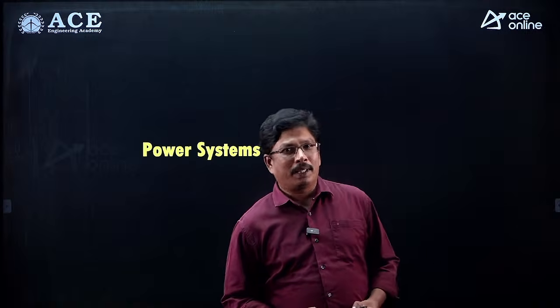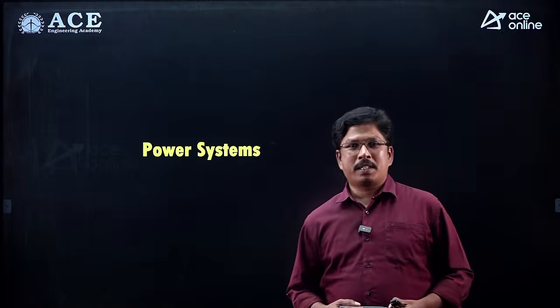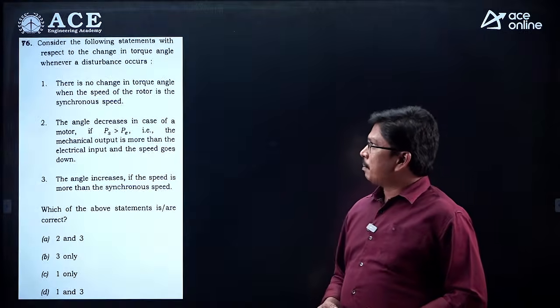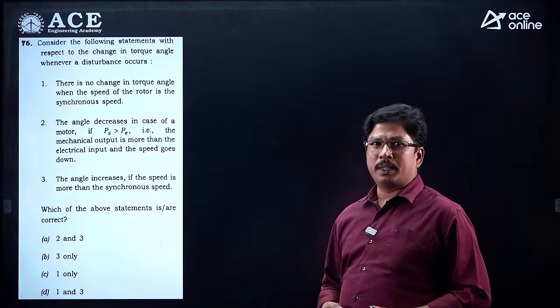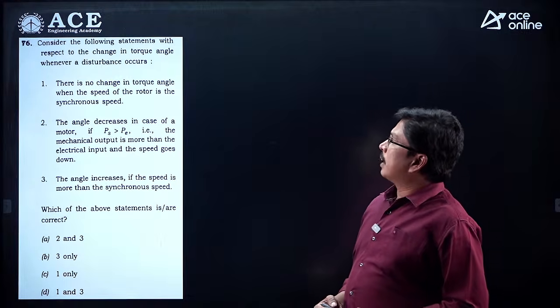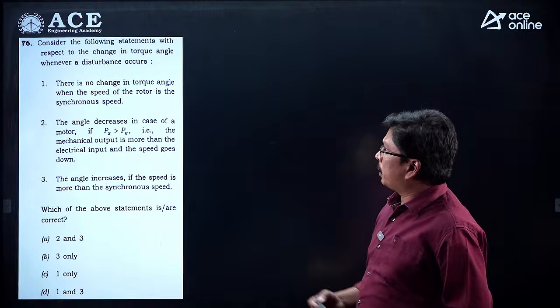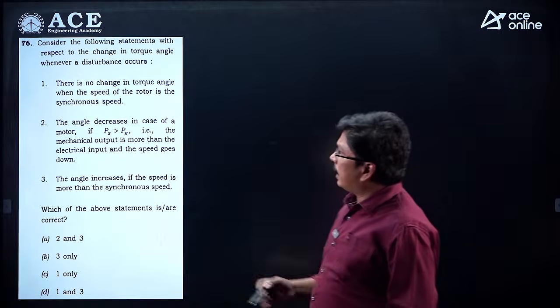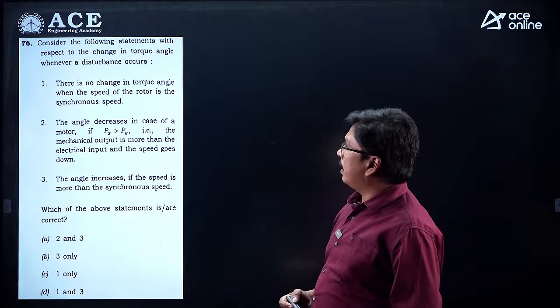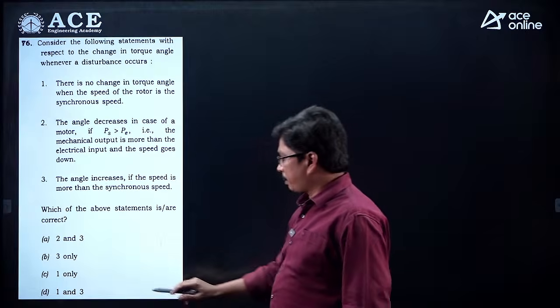Hello everybody, welcome back. So now we'll start with power systems. The first question in power systems is related to power system stability analysis, students. See here, consider the following statements with respect to the change in torque angle whenever disturbance occurs. It is given that there is no change in torque angle when speed of rotor is synchronous speed.